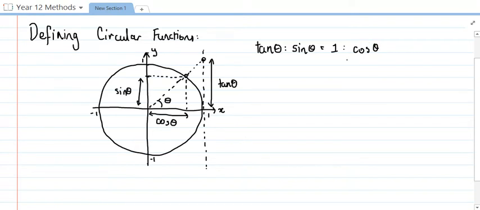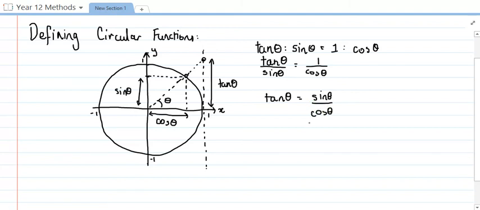Now you might know that the ratio sign just means divide, so I can write tan theta over sine theta equals 1 over cos theta, which can quite simply be rearranged to say tan theta equals sine theta over cos theta. We just do that by multiplying by sine theta on both sides of the equation.